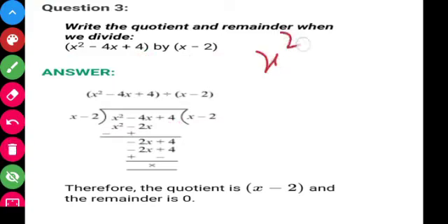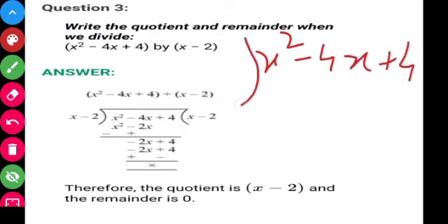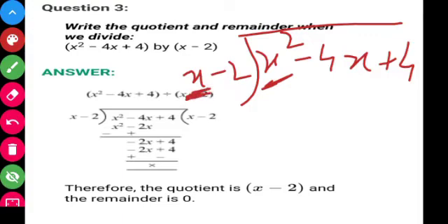To divide an expression by another expression, first we compare the power of the first term of the dividend and the first term of the divisor. So here the power of x is 1, and here the power of x is 2.